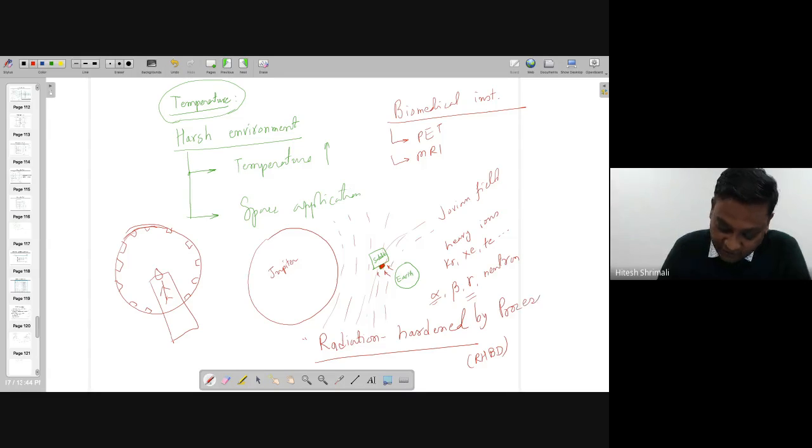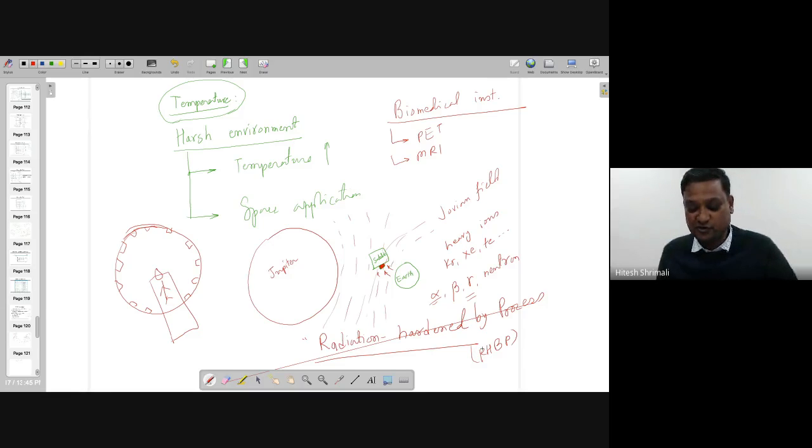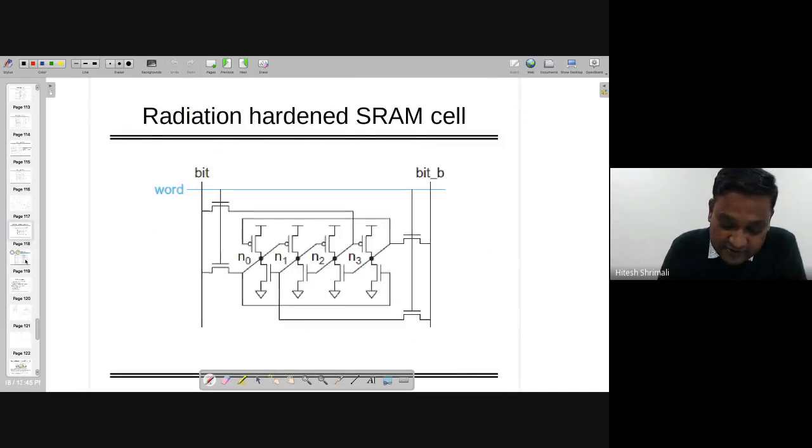But for that you need to get access to the technology, and you need to make a big shallow trench isolation, and many techniques are there, but it's a separate topic as we are in design.